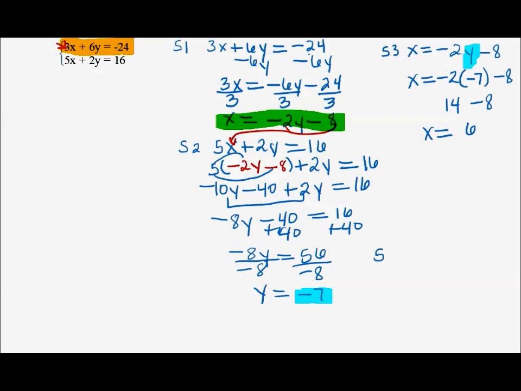So that means that my solution is, remember you have to put the x value first, 6, the y value negative 7. You make sure that you put it in the correct order. The x has to go first, the y has to go second, because your answer is actually an ordered pair. So once again, my final solution is 6, negative 7.